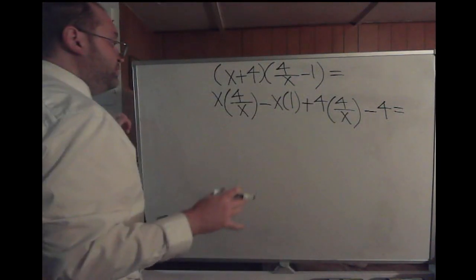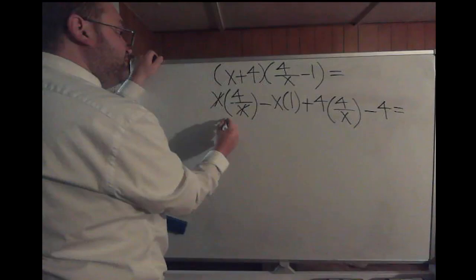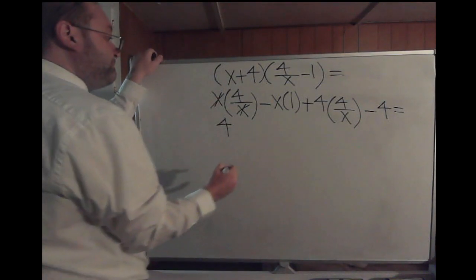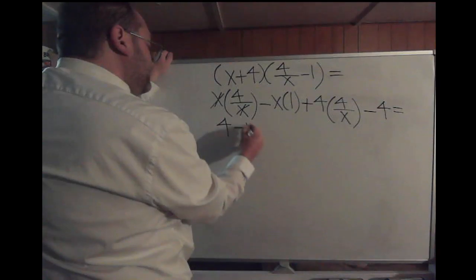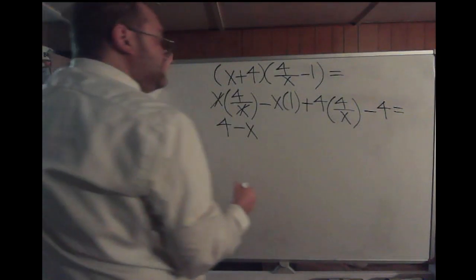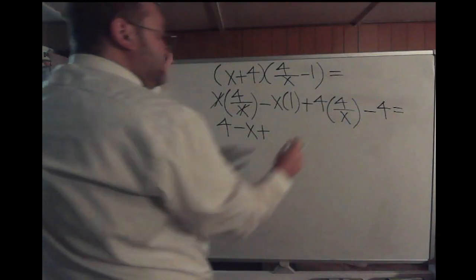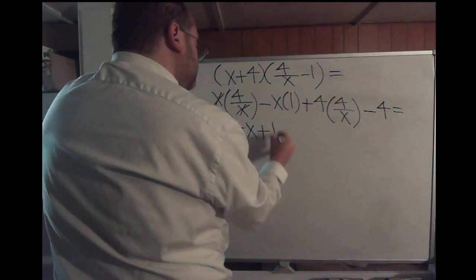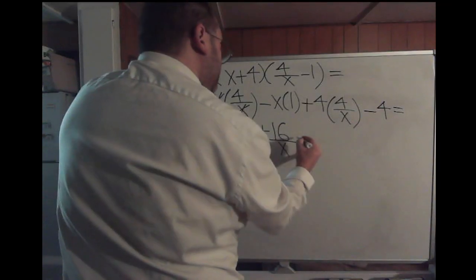So we've done the foiling. Well, x times 4 over x, the x's cancel, you just get 4, minus x times 1, that'd just be x. So you have 4 minus x plus, let's see, 4 times 4 over x, that'd be 16 over x. Then you have minus 4.